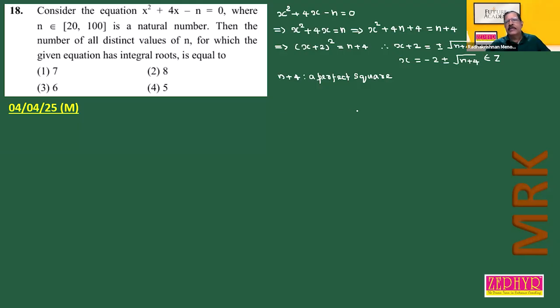Integral roots ആണ് പറയുന്നത്. അപ്പൊ n plus 4, n greater than or equal to minus 4. It is given that n lies in between 20 less than or equal to n less than or equal to 100. അപ്പൊ എന്നിന് ഏതൊക്കെ വാല്യൂസ് എടുക്കണം എന്നുള്ളത് എളുപ്പമല്ലേ? Therefore, n can take values. Very simple.